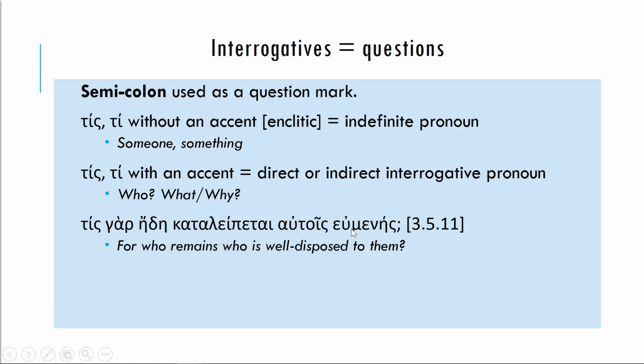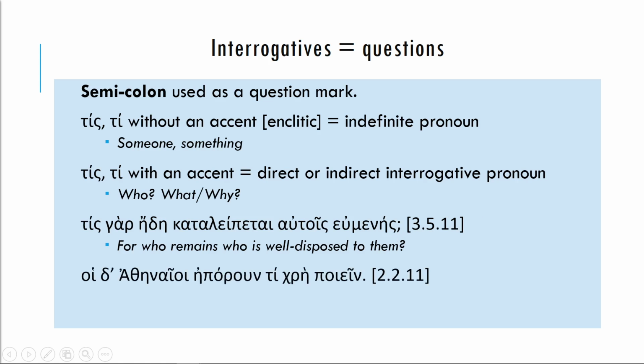This eumenês is having a good mind towards them. So it starts with tis, and like many of our question words, the question word is usually at the front of the sentence. Notice the semicolon marks it as a question. Or the indirect question: the Athenians were at a loss what it was necessary to do. And again, the question word what, ti, usually introduces the indirect question, and what's between it and the verb is part of the indirect question.